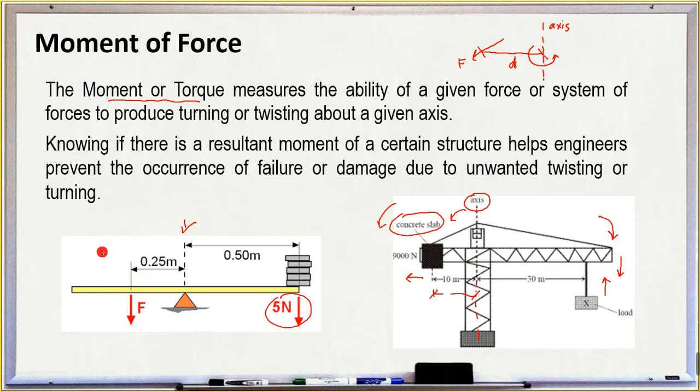It could be 0.25 meters away or somewhere else, so that the goal of lifting the load of 5 newtons is achieved. So this is the importance of solving the resultant moment of a given force system, so that we can lift something and prevent any failure or damage.